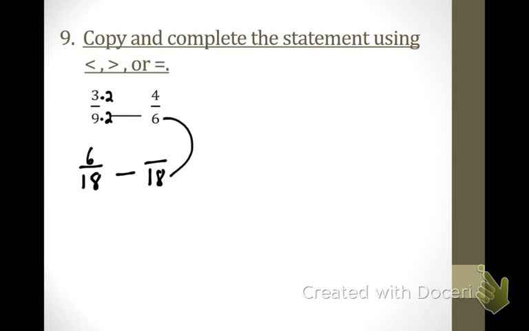Next one, how do I get from a 6 down to an 18? Times 3. Do times 3 on top and on bottom, and what do you get? 12/18. Now just read it from left to right while you're looking down here. 6/18 is what? Smaller, less than 12/18, which means 3/9 is less than 4/6.